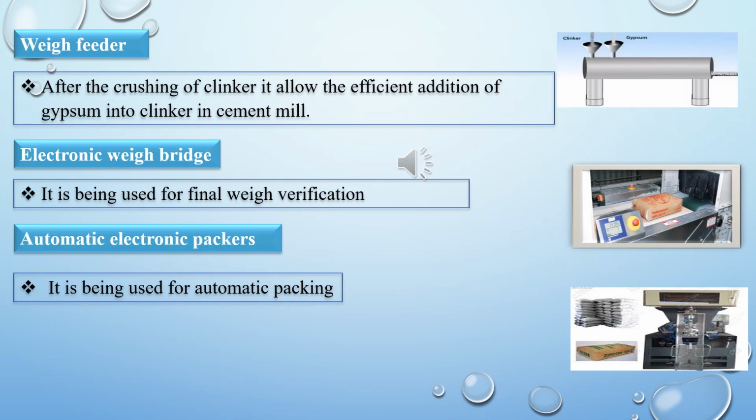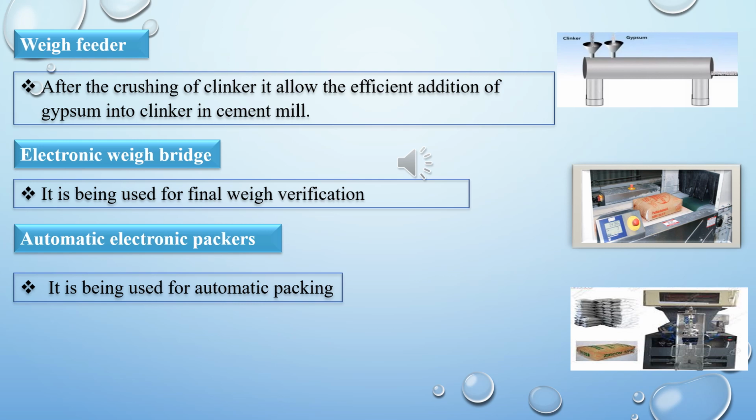Now, the cooled cement is fed into different equipment: weigh feeders, electronic weigh bridges, and the automatic electronic packers. First of all, weigh feeders.